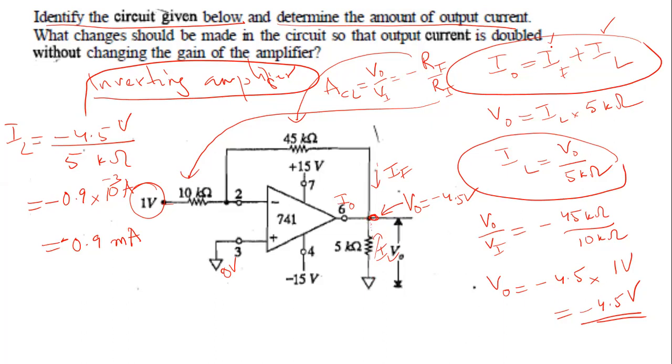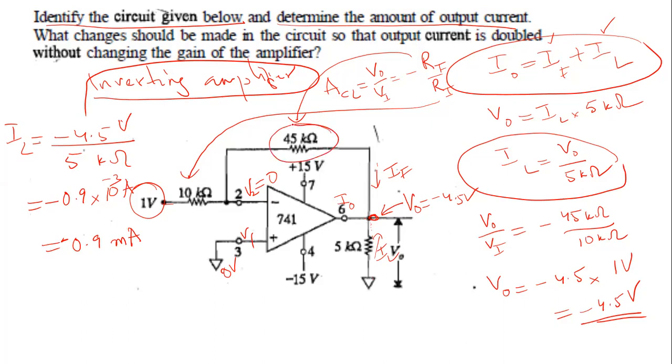Now, what is IF? As I said before, the voltage at this point is called V2, and this voltage at pin number 3 is connected to ground, means this is also set at 0. As I explained before, V2 is also 0. So your IF will be the current passing through this 45 kilo ohm.